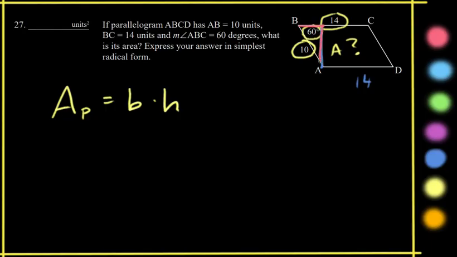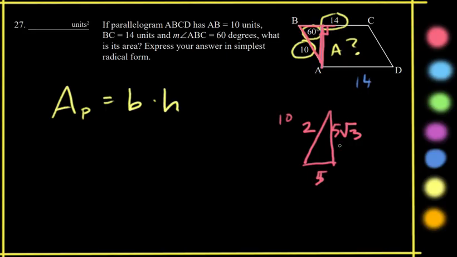Because the height always forms a right angle with the base, that means we've got a triangle here that's a right triangle. And when you have a 30, 60, 90 triangle, the ratio of the sides of that triangle is 1, 2, square, oh sorry, I wrote that wrong. 1, 2, square root of 3. Okay, so if we scale that up to this triangle where this is 10, we have to scale everything up by 5. So that means this will be 5 root 3, and this will be 5.